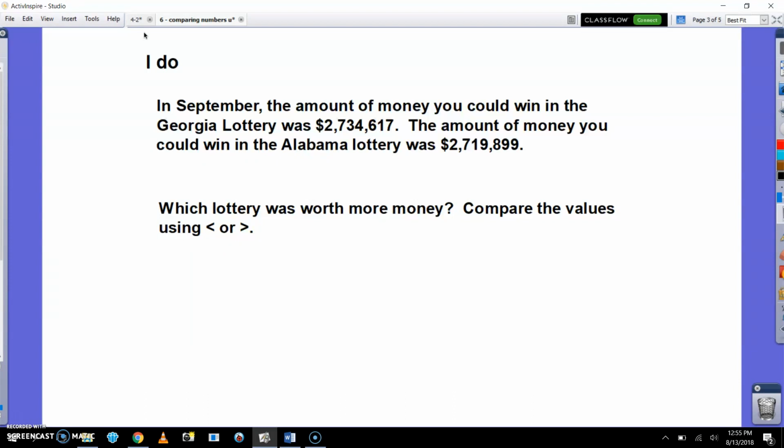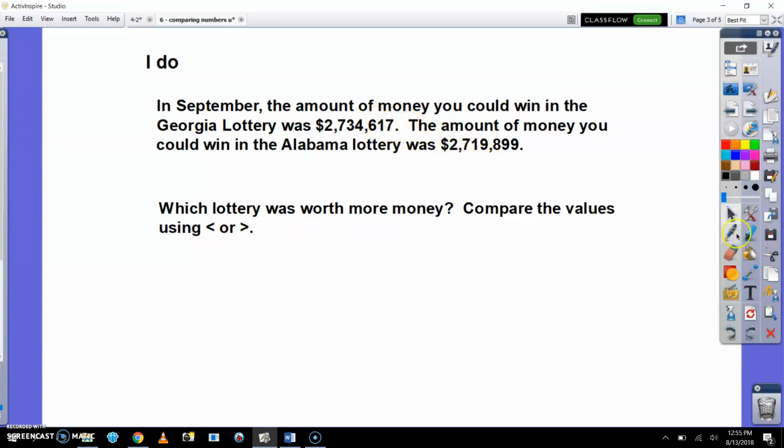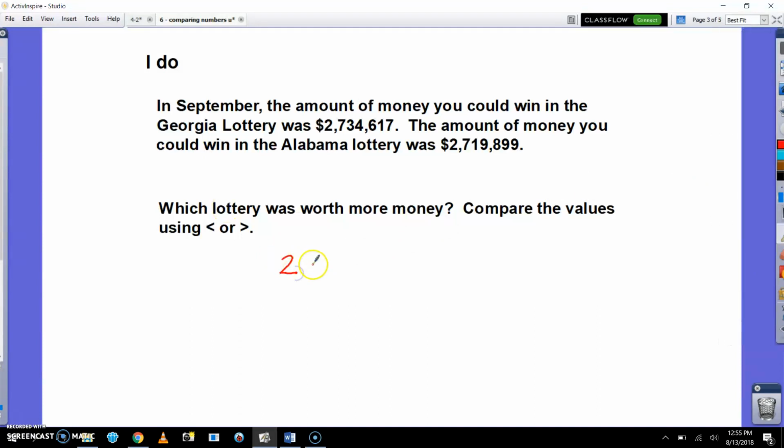Okay, so these are obviously both a lot of money, but the question is which one is greater than the other? So let me show you my strategy for figuring that out. Here's what I do. I like to write the two numbers above and below each other, where all the place values line up.